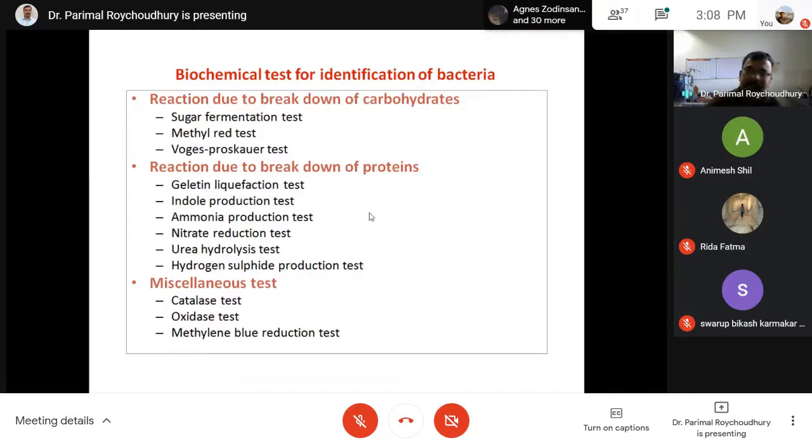I believe that at the end of this class all of you will get a comprehensive idea about how a bacterium from the environment can be isolated in pure form and identified. That is the main intention. You must keep in mind the whole process of isolation and identification.